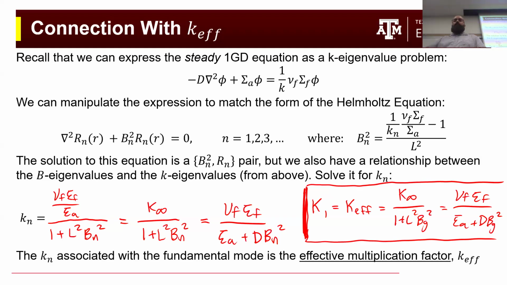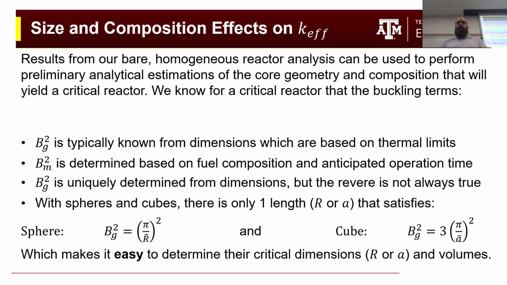If we now have some expressions for talking about critical reactors, then we can write a statement of criticality and then use the definitions for BG squared for our different geometric shapes to better understand the critical dimensions, or how to basically design a critical reactor comprised of these simple geometric shapes.